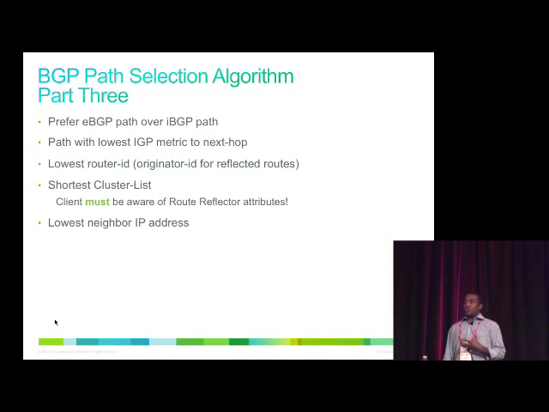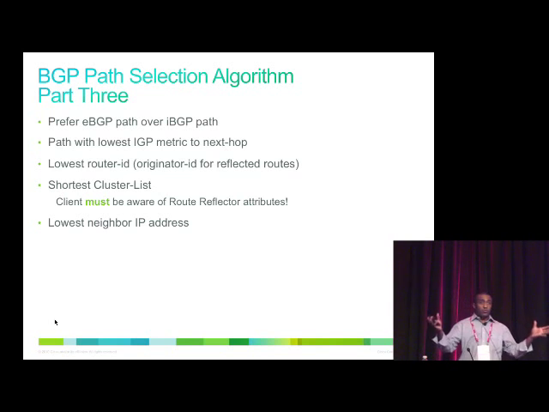The next one is prefer eBGP over iBGP paths. So if you receive the same routes over iBGP and over eBGP, you would prefer the one received over eBGP. Remember that this is probably for external routes, because for internal routes, the AS path length is 0, so that will override the eBGP, iBGP preference.